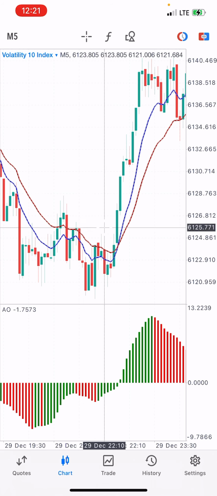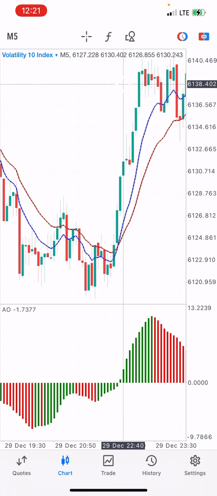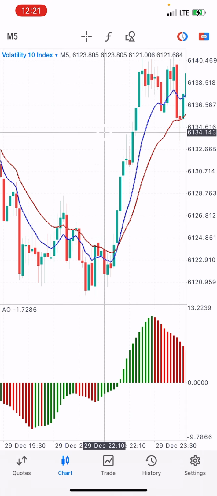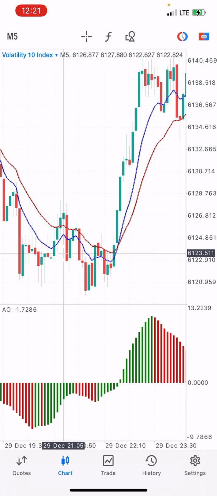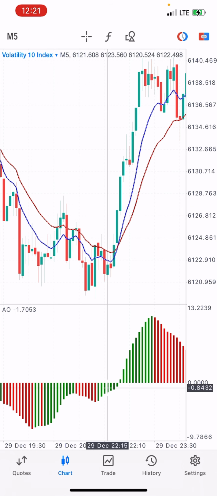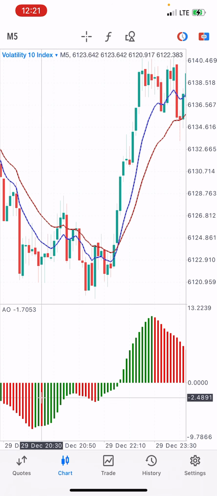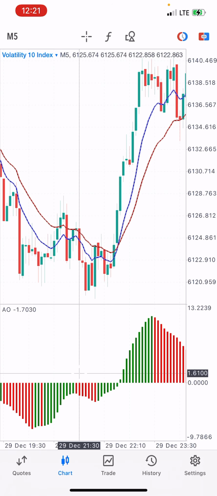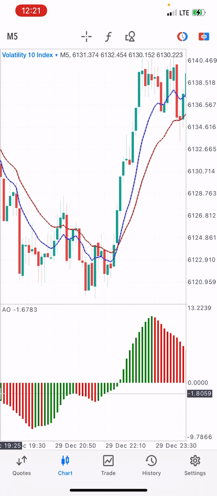So that's it, guys. As I was saying, you sell when the red moving average is above the blue moving average and the awesome oscillator is below the zero level. You buy when the blue moving average is above the red moving average and when the awesome oscillator is above the zero level. That is as simple as that, guys.